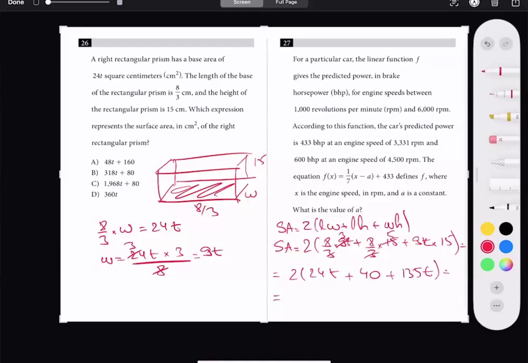Now I need to double. 48t plus 80 plus 270. So 270 plus 48 is 318t plus 80. I realized my mistake.